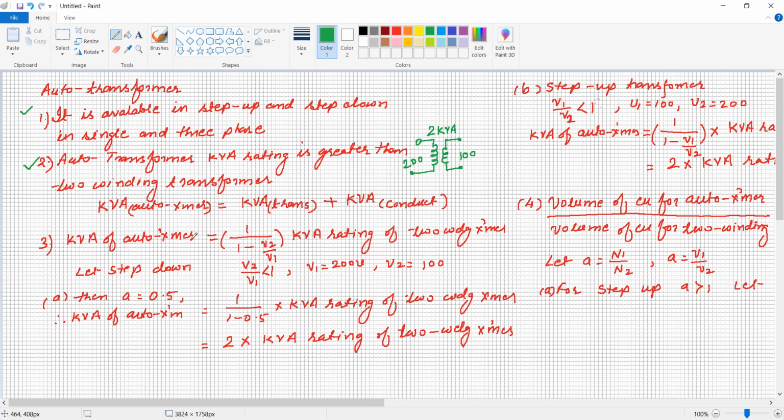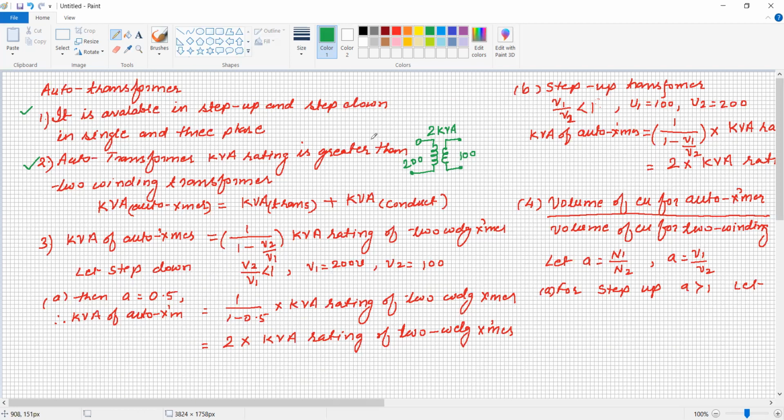Now the kVA rating of the auto transformer has the relation 1/(1 minus V2/V1) times the kVA rating of the two winding transformer. If we have a step down transformer, then V2/V1 is definitely less than 1. For example, V1 is 200 volt and V2 is 100 volt.